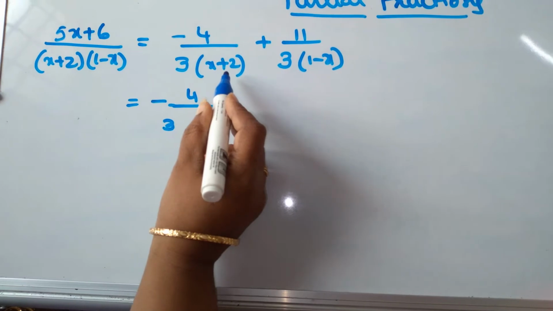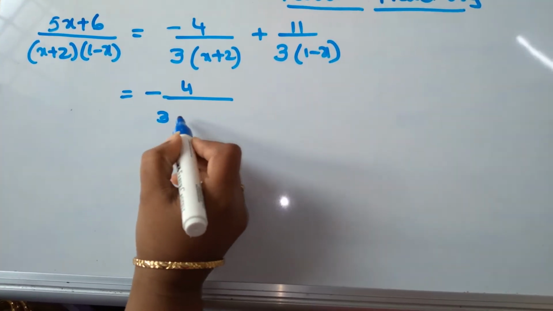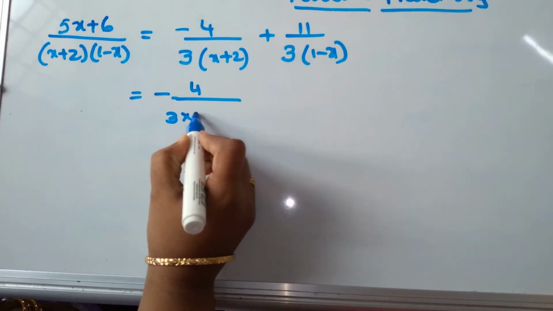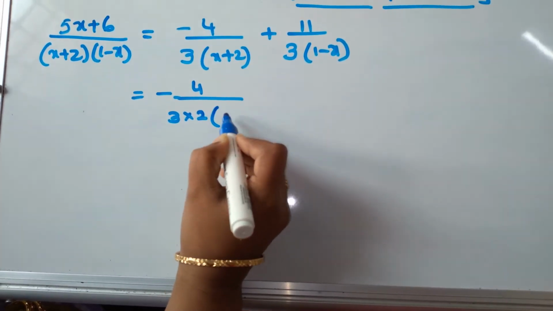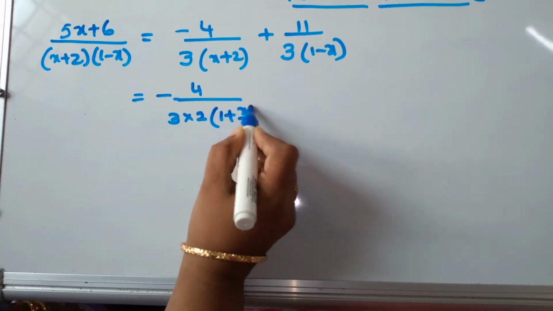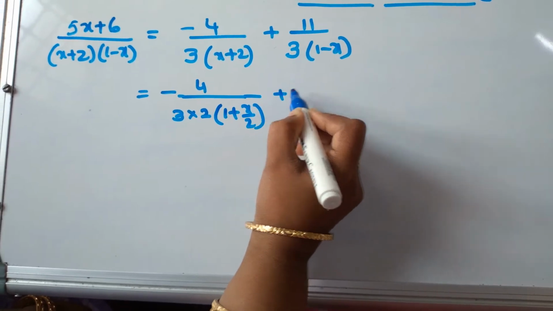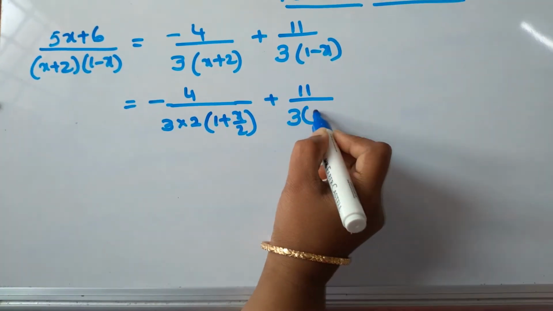From this x plus 2, let us take common 2 outside. So we get 2 into (1 plus x by 2) plus 11 by 3 into (1 minus x).